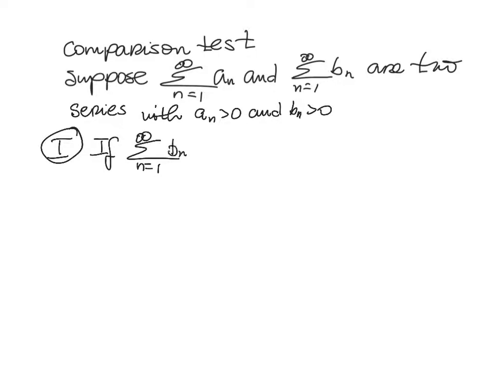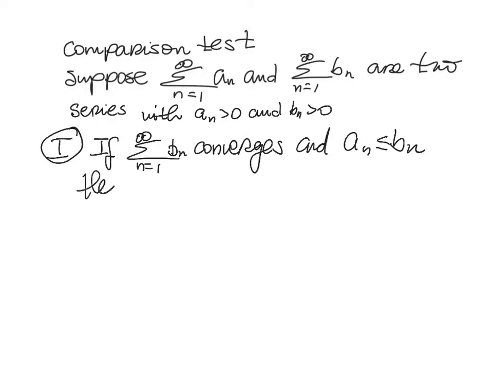Part 1 of the comparison test goes like this. If the series b sub n from 1 to infinity converges, and term by term a sub n is smaller than b sub n, then the a sub n series also converges.